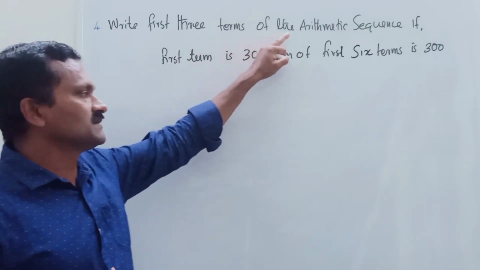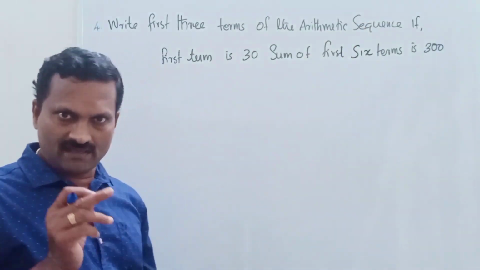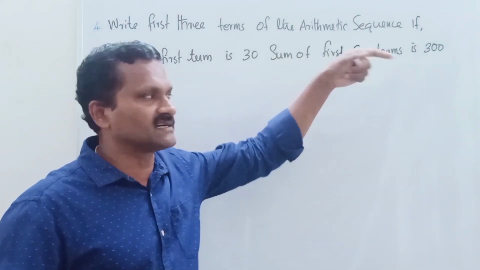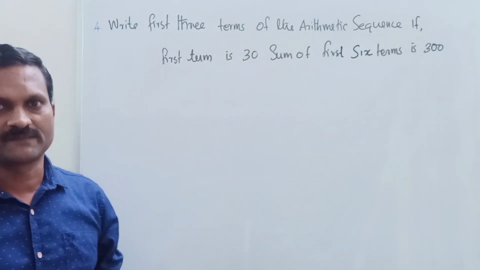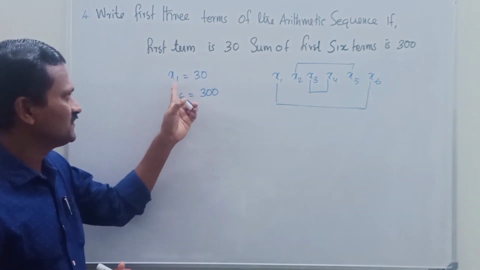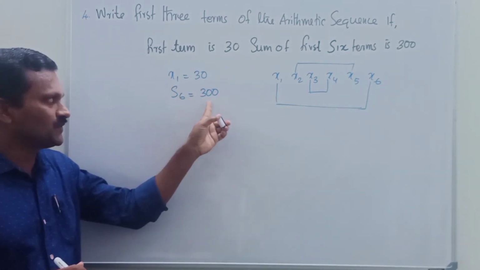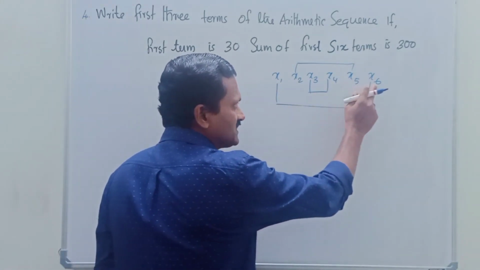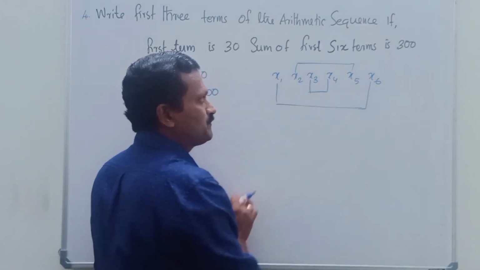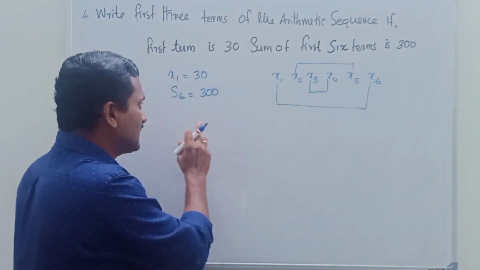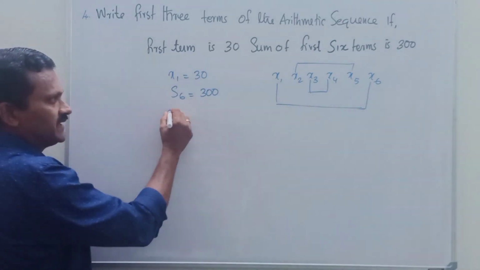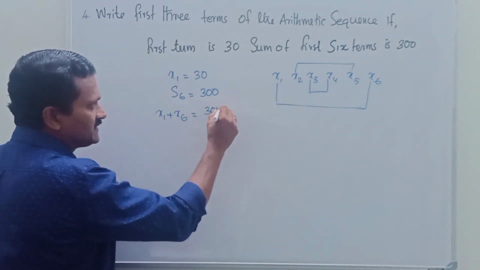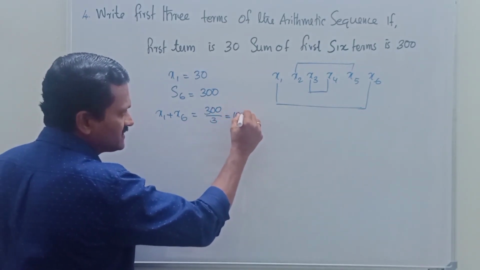Write the first three terms of the arithmetic sequence if the first term is 30 and the sum of the first six terms is 300. Given that the first term is 30 and the sum of the first six terms is 300, if we consider the first six terms, there are three pairs of terms and the sum of each pair, that is x1 plus x6, is equal to 300 by 3, that is 100.